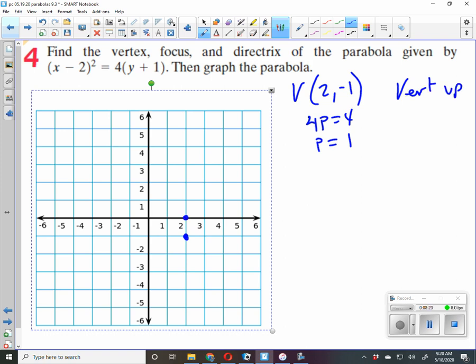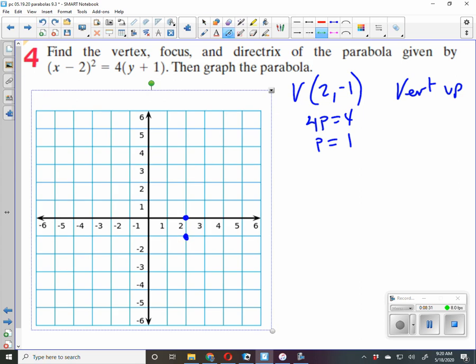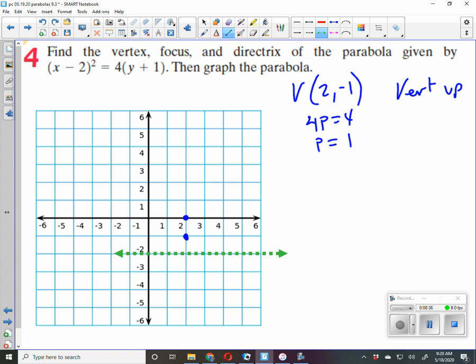P is 1, therefore my directrix is down here at y equals -2.